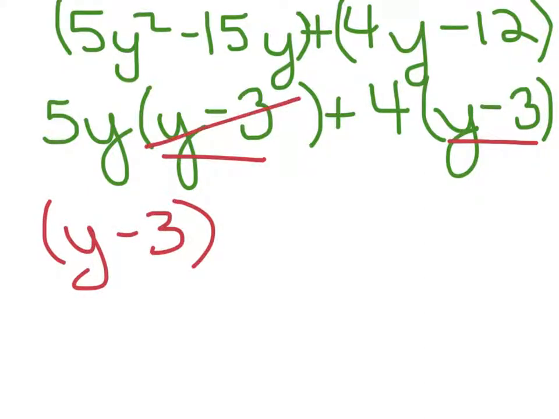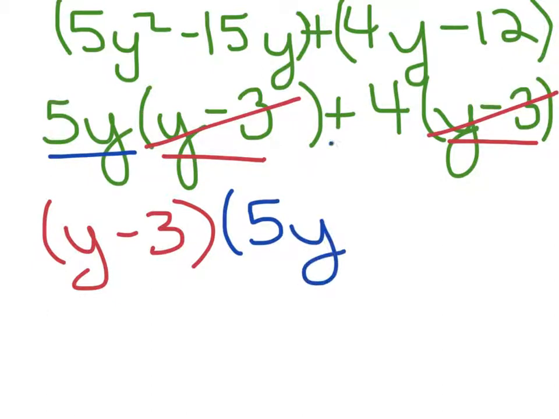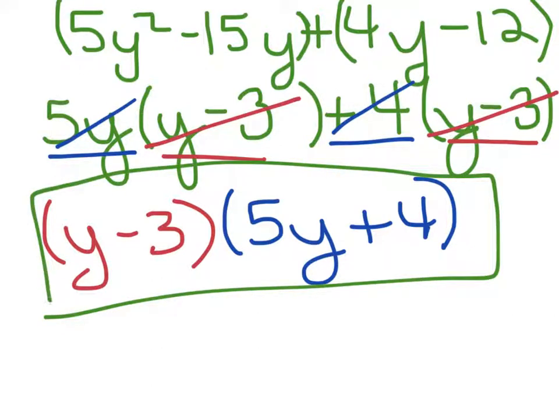Then we cross it off because we've used it, and we can put what is left in their own set of parentheses. Cross them both off, and now you have your final factored form of your answer.